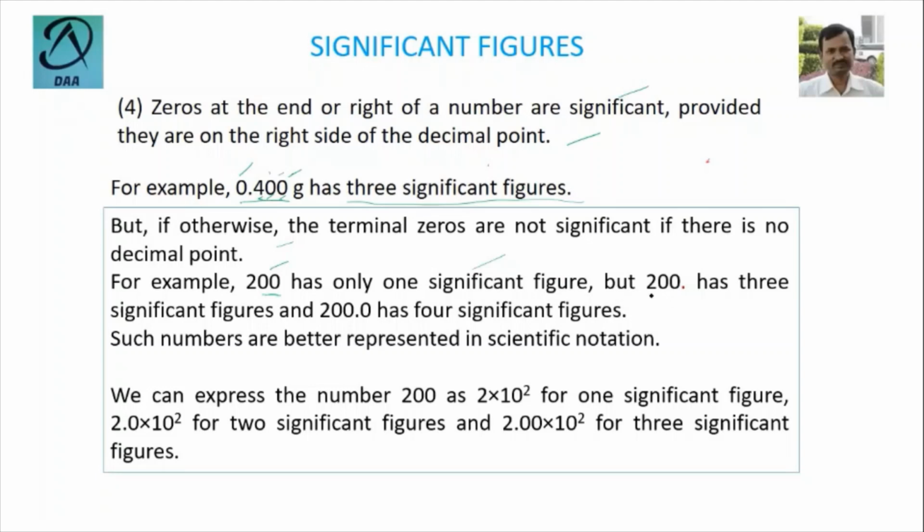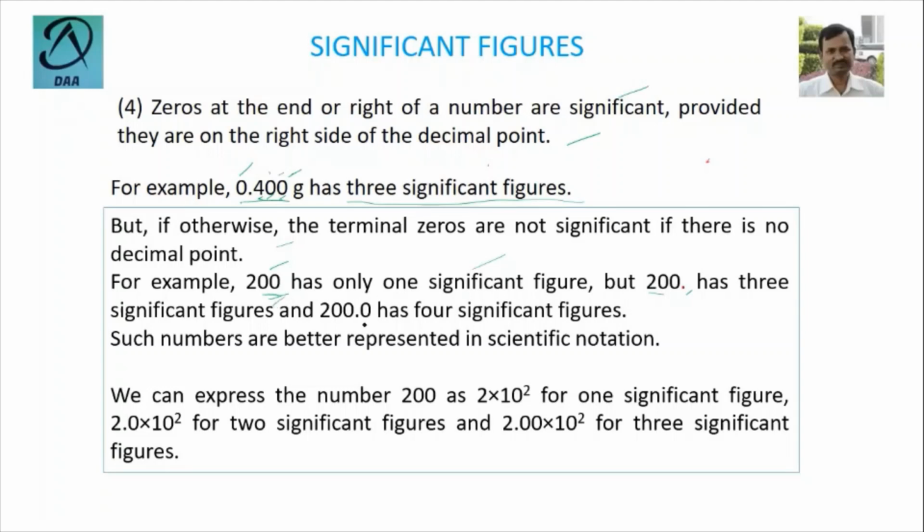But 200 with a dot, here I put the dot, its meaning is different. If the dot is there, then it has 3 significant figures. That means the dot is before the zeros, and the extreme left 2 is the non-zero digit. So it has 3 significant figures.